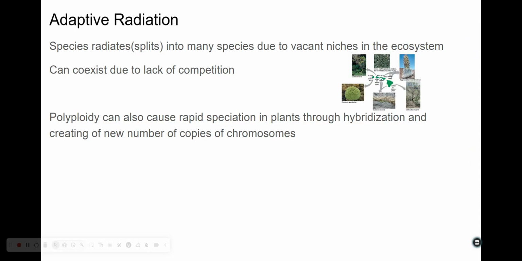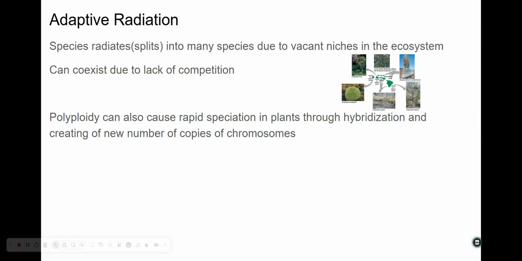Another type of rapid speciation is polyploidy. So that was the picture on the right on the previous slide, was knotweed, which is an example of a polyploid. And so when plants form hybrids with other similar species, they can create a different number of copies of chromosomes. And so almost all animal species have 2 copies of each chromosome, so we're considered diploid. In plants, they can be tetraploid, diploid, triploid, hexaploid, octoploid, decaploid.